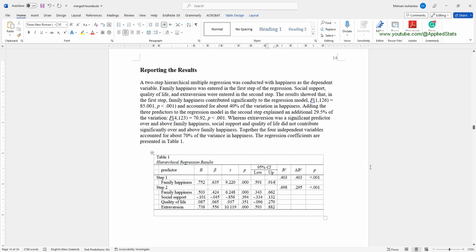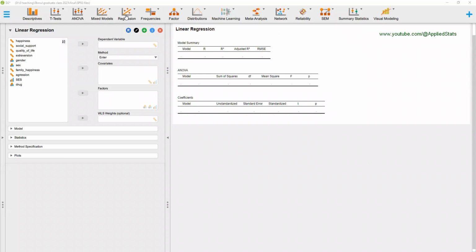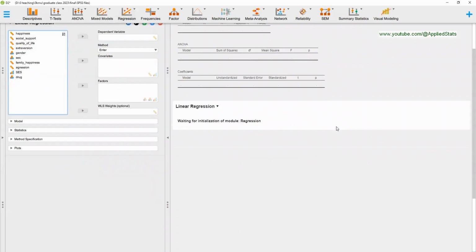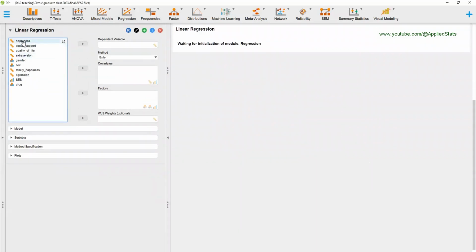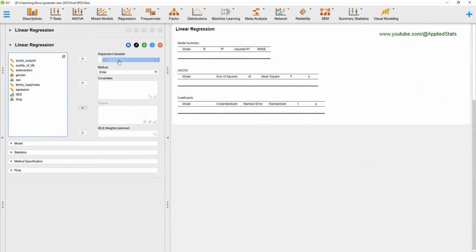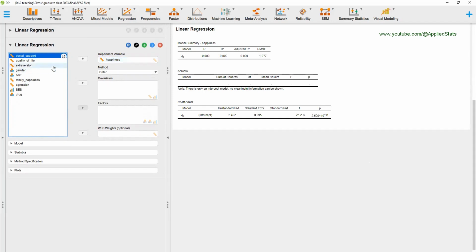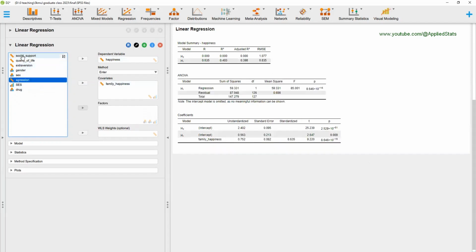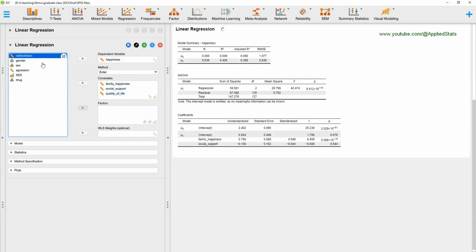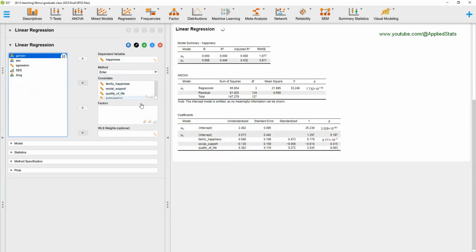Now let's do it in JASP. In JASP, go to regression, linear regression. Happiness goes to the dependent variable box. And in JASP, you send all of your predictors together to this box, covariates. So you send all 4 variables together.